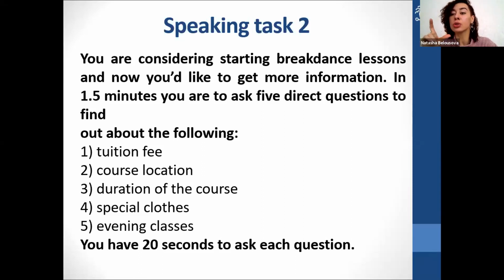So the first question should include quite a lot of context. Or they can't say something like, how much is it? Because I can't understand what it is, right? So the first question should be very specific to the advertisement. And then after that, you can just say, where are the lessons going to take place? How long is the course? And we understand what we're talking about, yeah? But a lot of context in the first one.